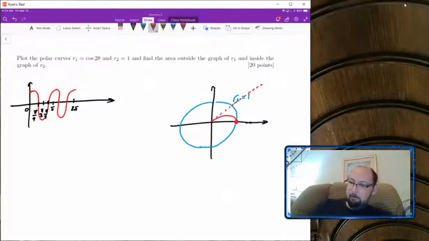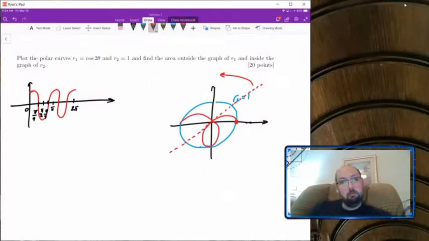Then from pi over 4 to pi over 2, our cosine is negative. So that means with a negative radius, we'll actually be drawing a portion down here. And then it continues back upward to here finally. So that's from 0 to pi.